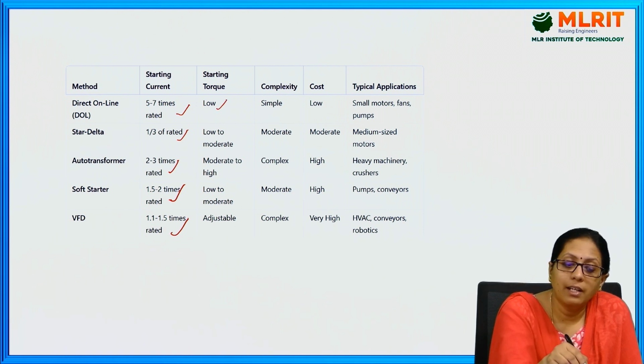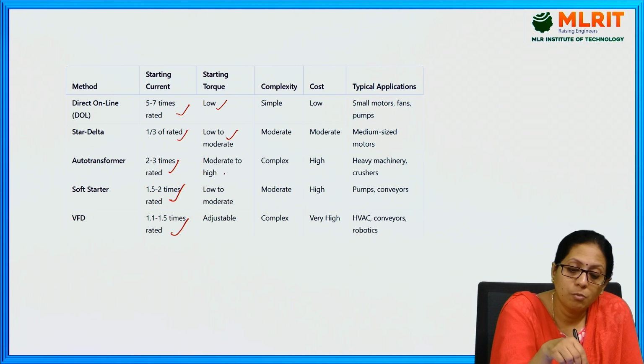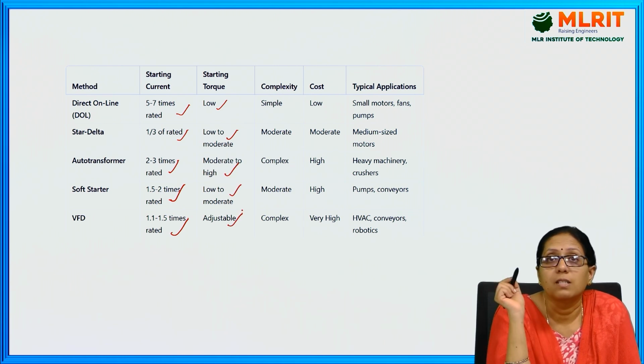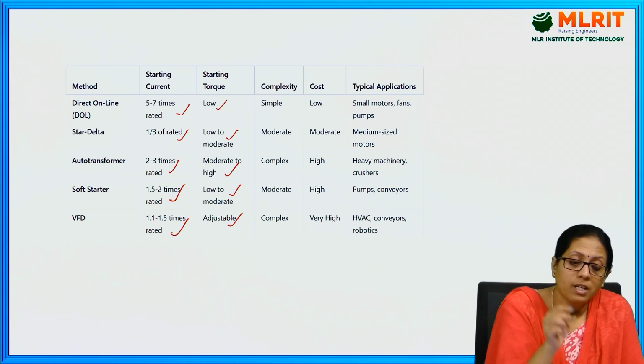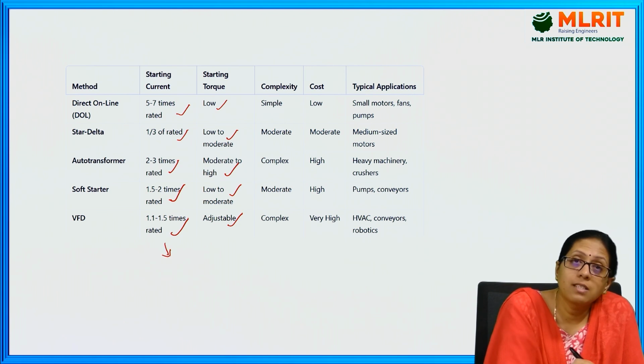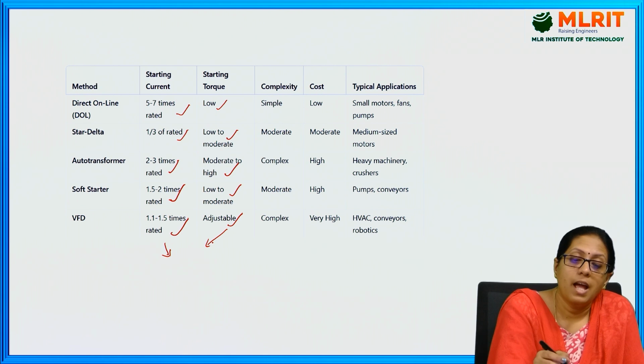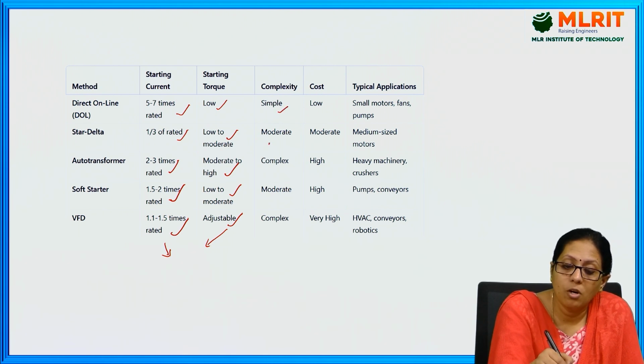Here the starting torque is low. It is low to moderate, moderate to high, low to moderate, and it is adjustable. So in VFD, the starting current is less as well as it is adjustable, and the complexity goes simple, moderate, complex.